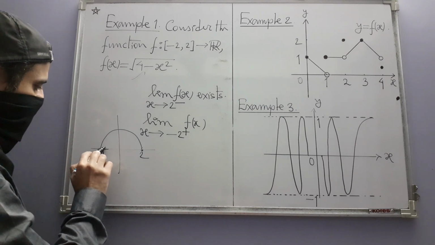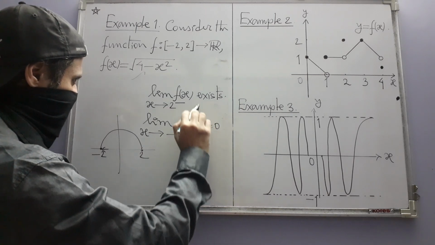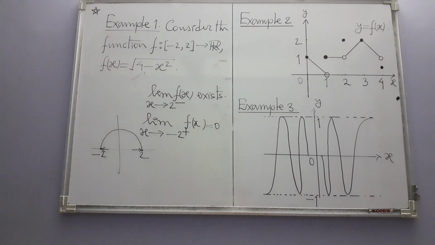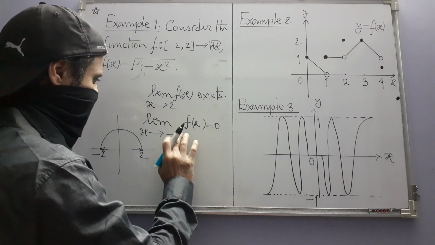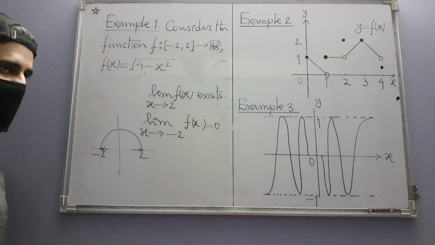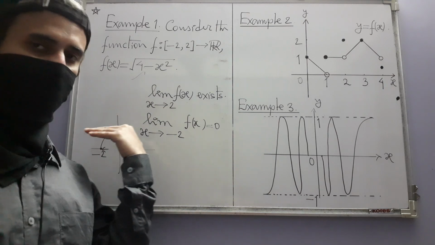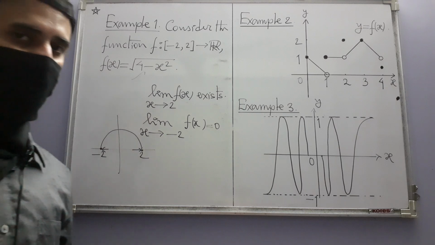Here the right hand limit is 0, and here the left hand limit is 0, but the ordinary limits do not exist at both the points simply because the function does not have those other values that should also be considered in order to calculate the ordinary limit.